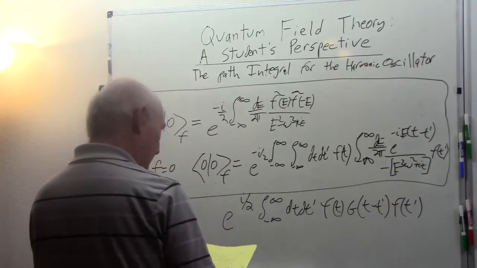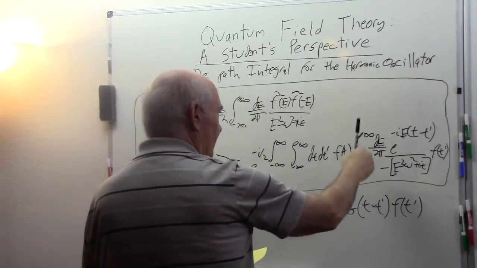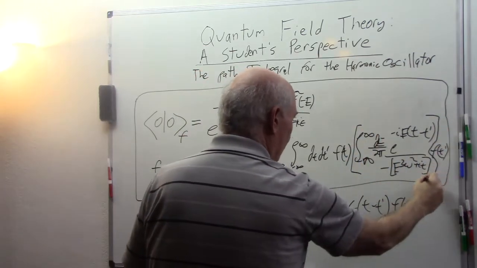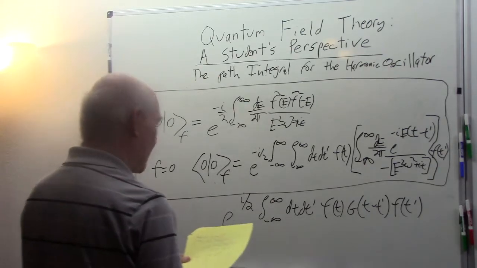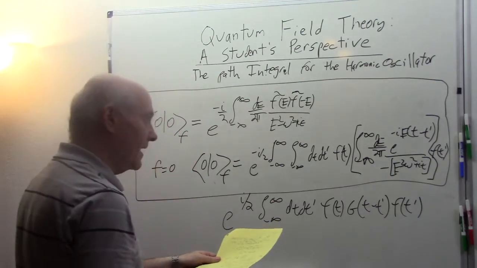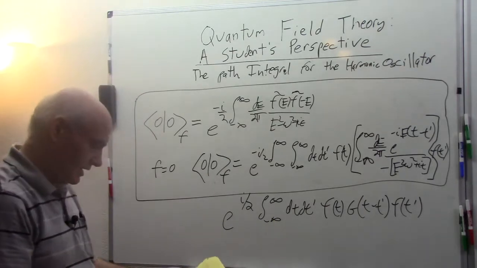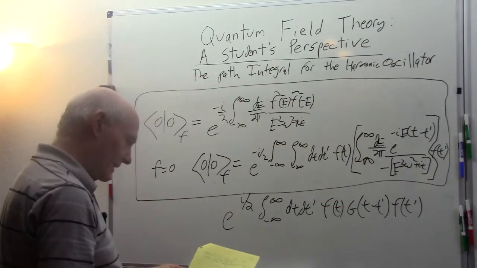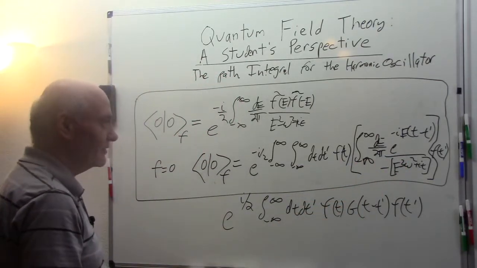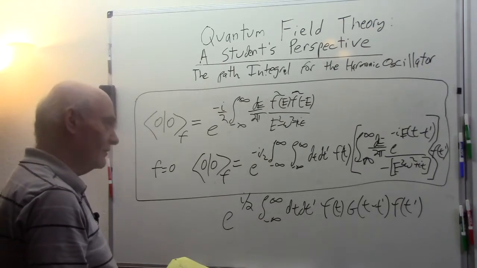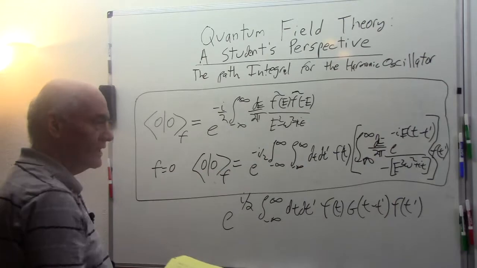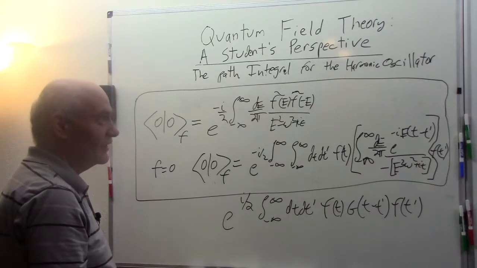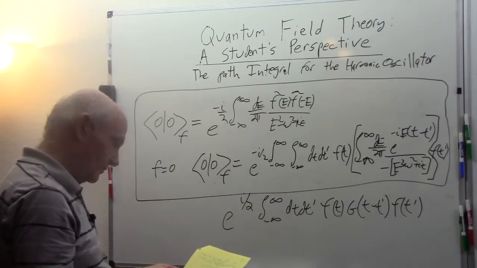And all we did is name this thing over here G of t minus t prime. I'm going to come back in the next video and we're going to evaluate this. This is the Green's function for the system, and I'll write down the equation that the Green's function satisfies. It's pretty obvious. That's just a harmonic oscillator equation, and I'll just evaluate it using residue calculus, fairly routine calculations. But just in case you haven't seen it in a while, we'll get to it. So I'll see you on the next video.